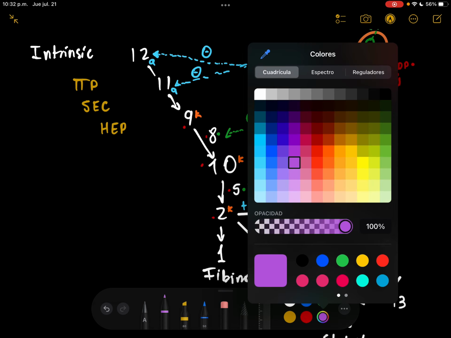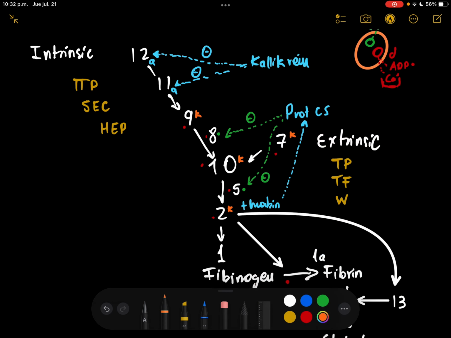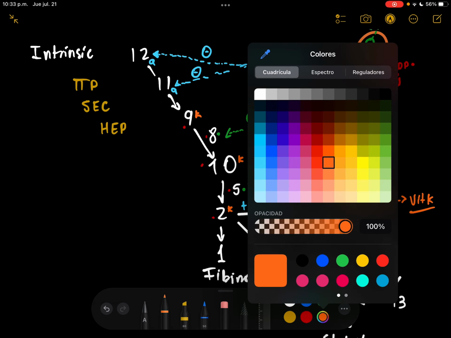First of all, a really easy one, that is warfarin, and always remember that warfarin acts against vitamin K, there's no vitamin K, so it's going to block all the factors dependent on vitamin K, that you know which are.